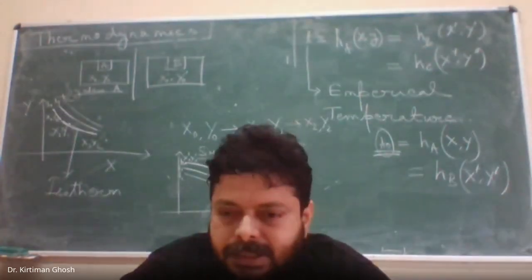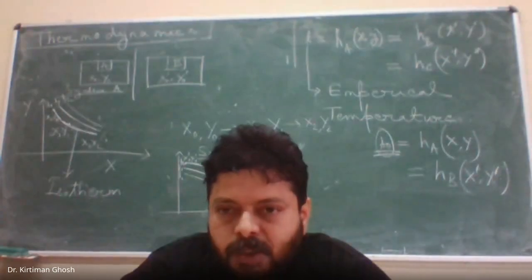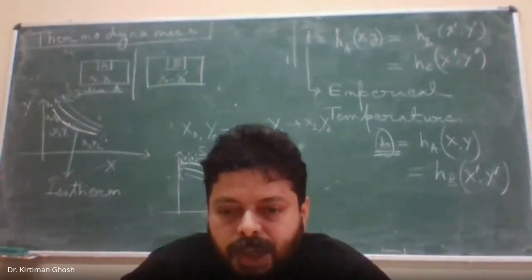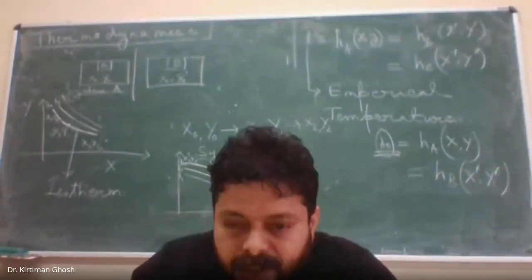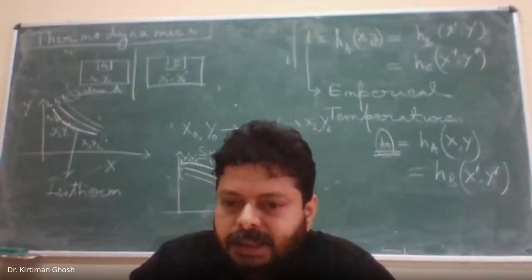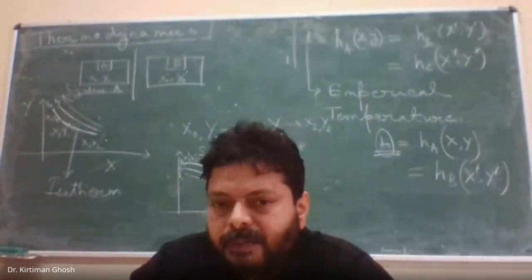But there are other systems. Instead of assuming a homogeneous gas, if you consider a heterogeneous gas where there are different components, then again composition comes in as another thermodynamic variable, which is the composition of the gas. So it is not necessary that the system is always defined by two thermodynamic variables.